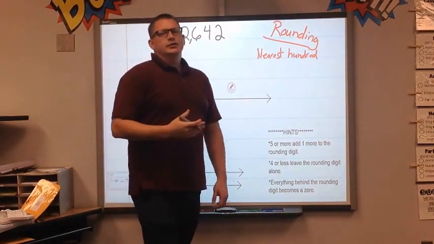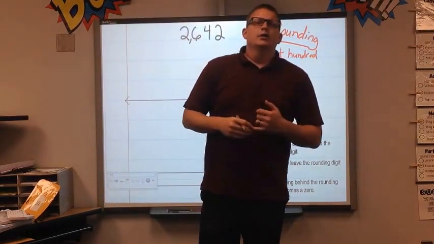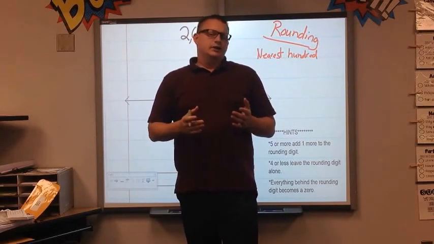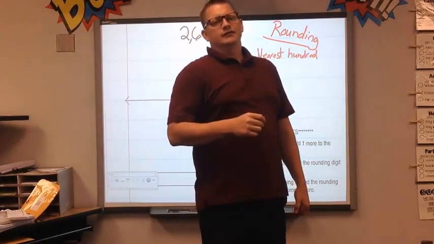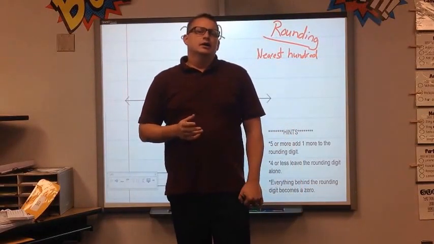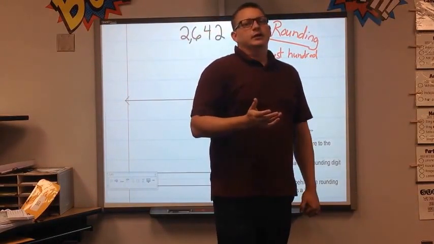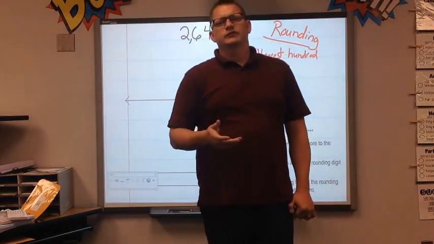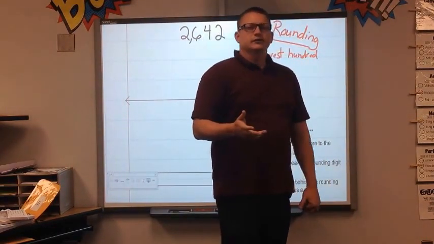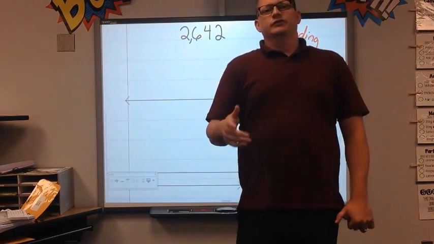Alright, so already I know, well, let's just think about it. Whenever I round to the nearest 100, what do you know about hundreds? If I count my hundreds, I got 100, 200, 300, 400, 500, 600, 700, 800, 900, 1,000, 1,100, and so on, right?